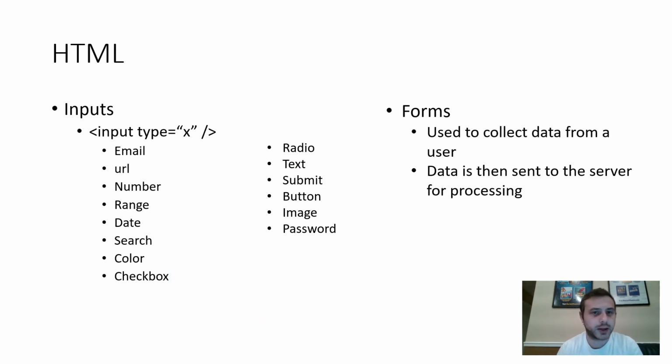Another important thing with HTML is inputs. You have a ton of inputs, and I think that this might only be a few. I'm going to go over these and explain them, but I think you guys would understand it better when I show it. So the email type, these are called types. And this is how you write it.